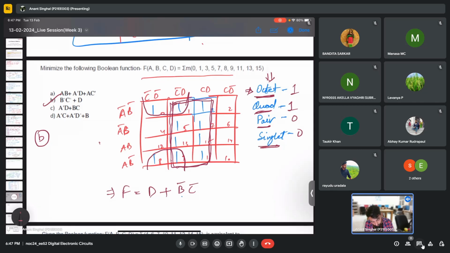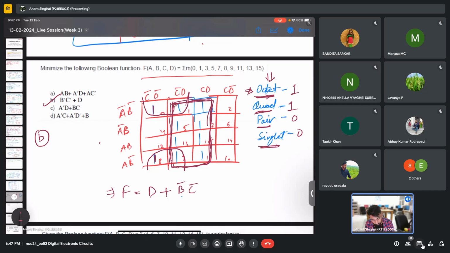So first of all, I checked if there is any octet possible. Octet means a continuous combination in which all the 8 ones are covered. I saw that there is a possibility of 8 ones getting covered, which is in the middle of this K-map. Then I was left with this one and this one.